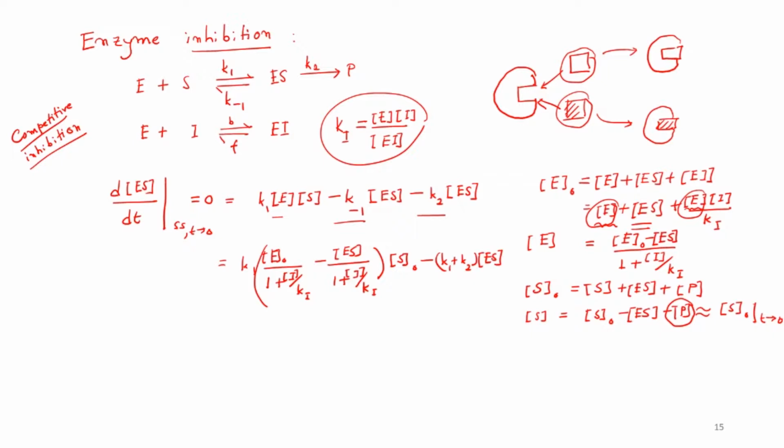So I have to collect the terms for ES. So the ES will be nothing but this term which is left, which is K1 into E0 into S0 divided by 1 plus I by Ki.